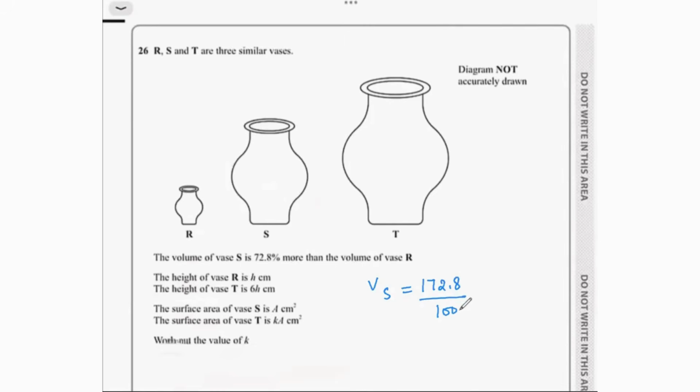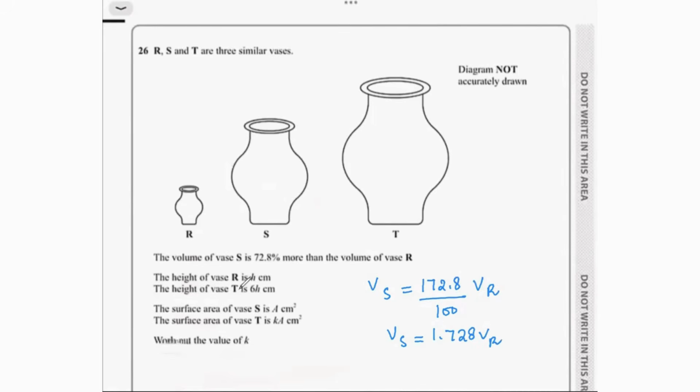To that 100%, we're adding 72.8%, which makes it 172.8% of base R. So this is 1.728 times the volume of base R. This is our first equation.